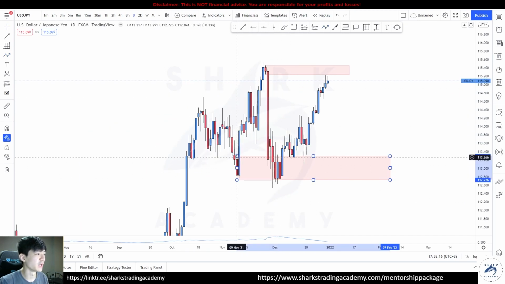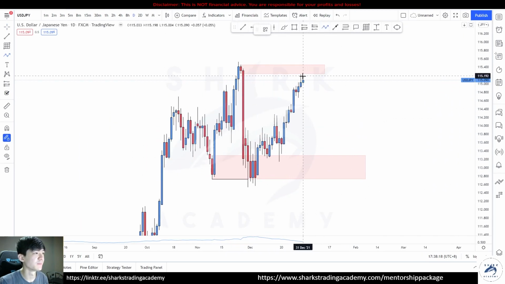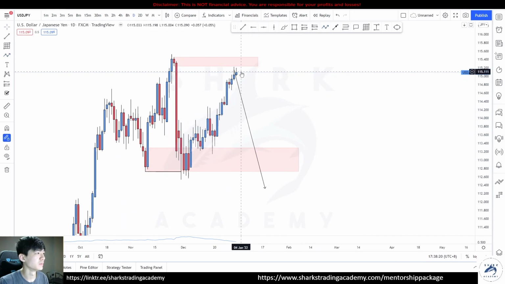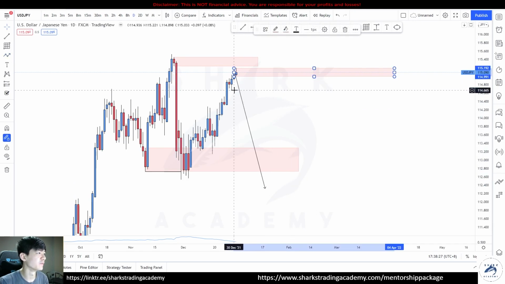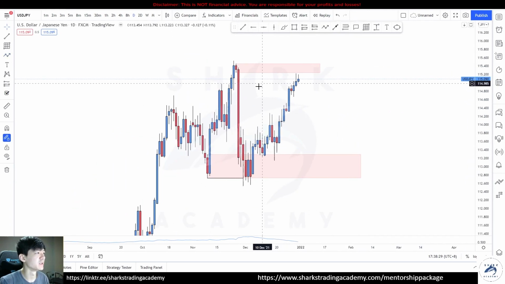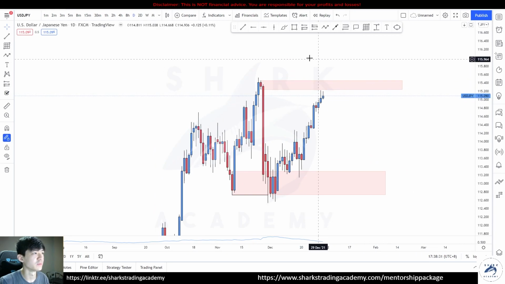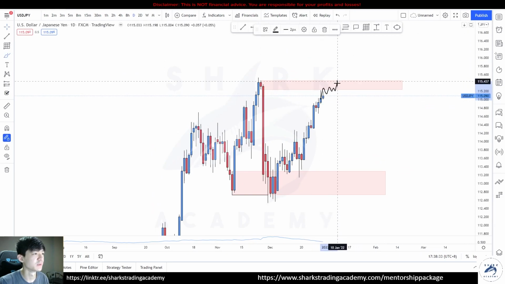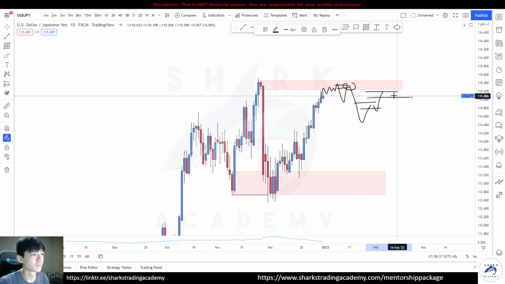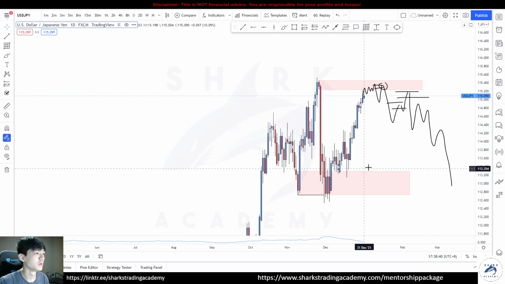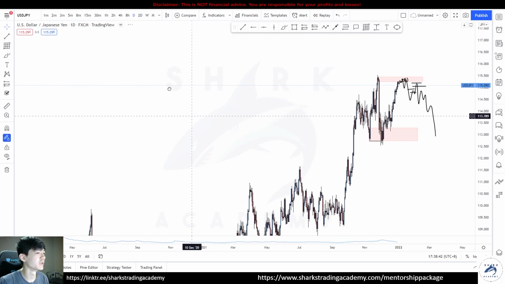So if I want to have a clear movement, I want to see this breakdown, then this reaction point, this supply, is where I'm looking to sell from, right? But if you're fine with a weak break like this, then just take sells over here. Look for distribution, look for confirmations to take prices lower, right? And yes, my bias for dollar yen will be sell side.